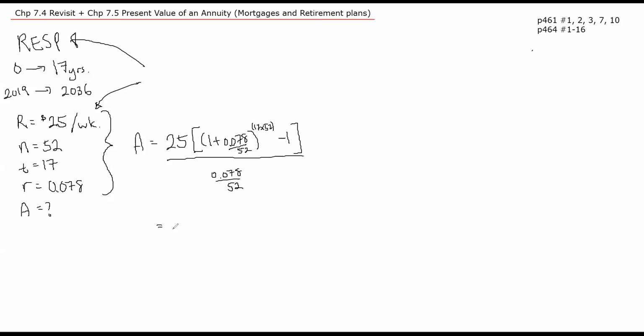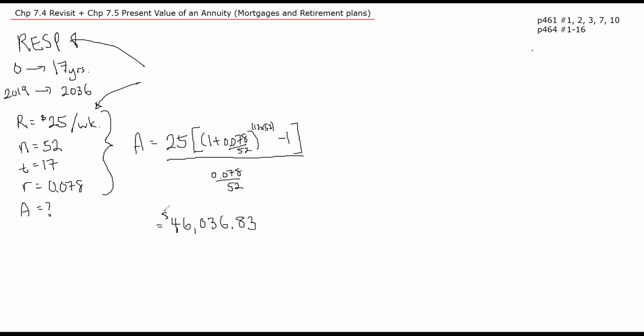Okay, subtract by 1, divided by 0.078 divided by 52, multiplied by 25. That's what I believe it's going to turn out to be.